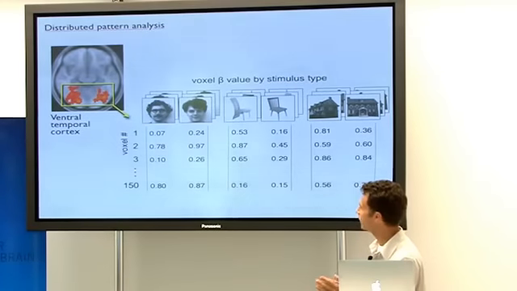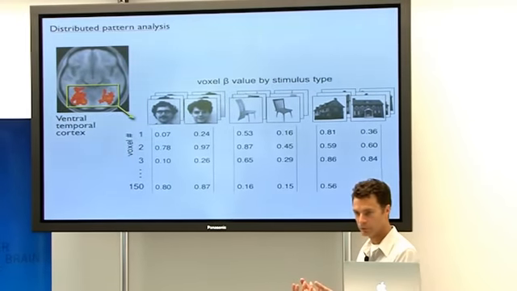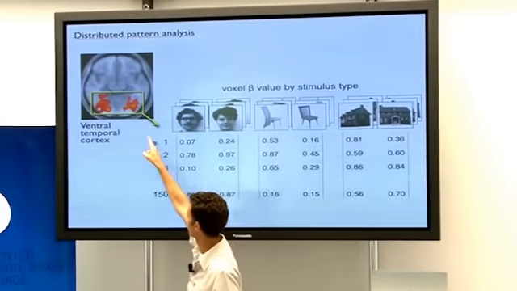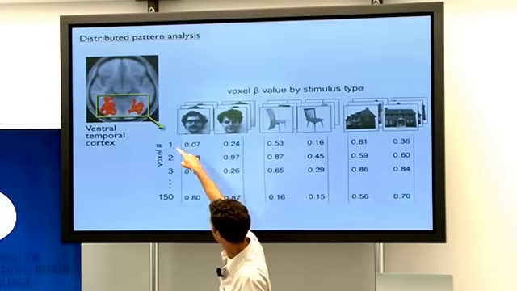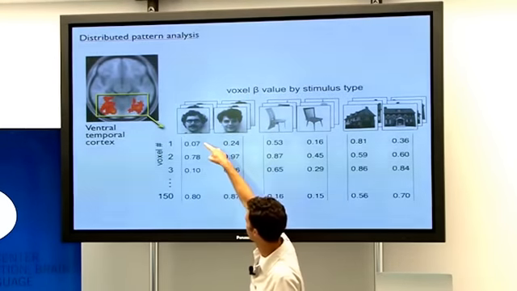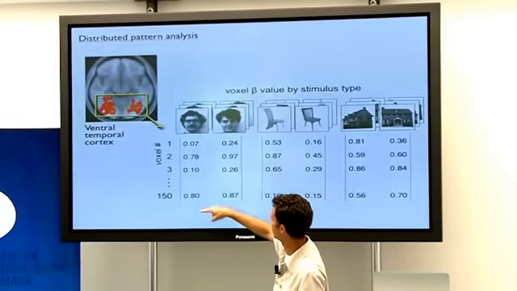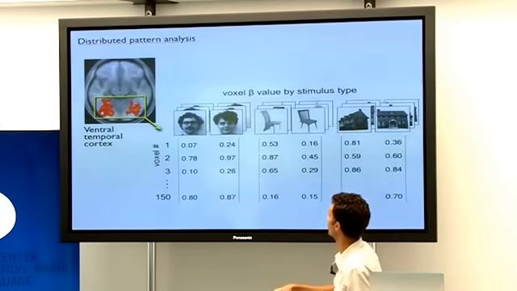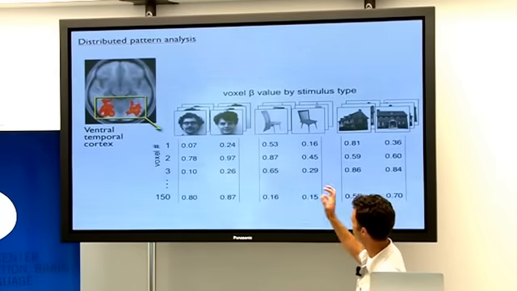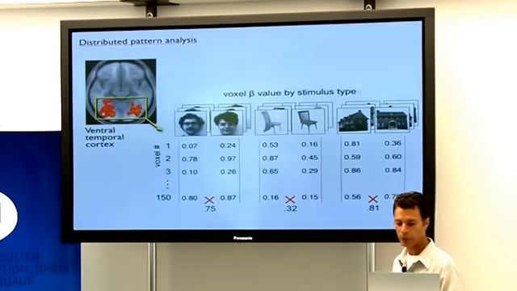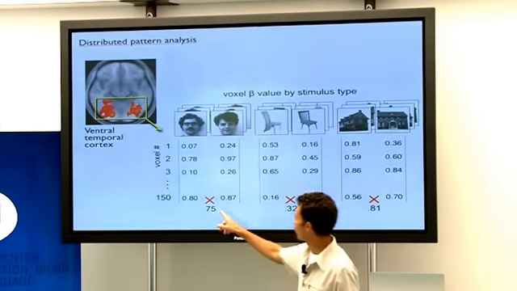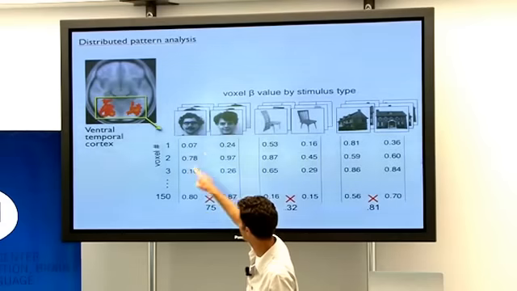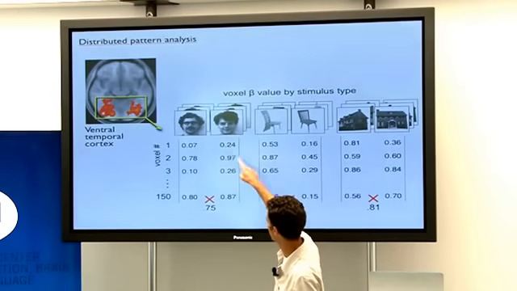The idea here is that instead of taking the average fMRI response across a set of voxels or points in the brain, you make a list of all the voxels and the response of each voxel to one stimulus and to another stimulus. You make the whole list, and you do this for one stimulus type and another stimulus type. Then you're interested in, broadly, what's the correlation between the set of responses across voxels to one stimulus type as compared to another stimulus type.